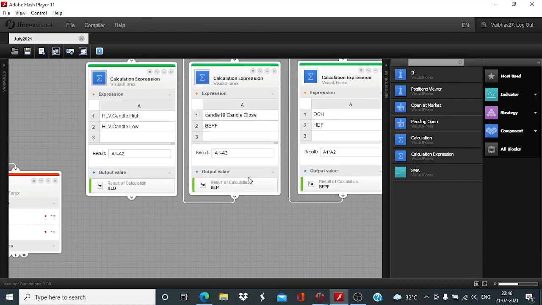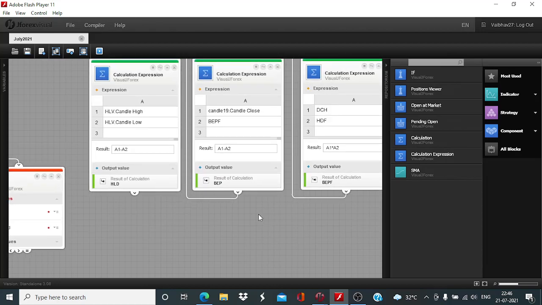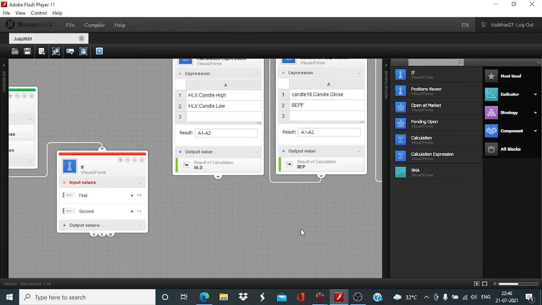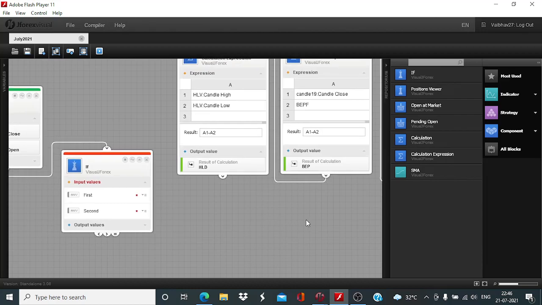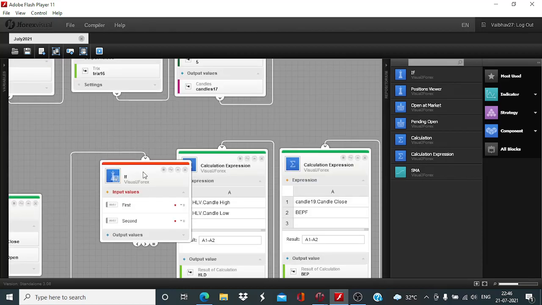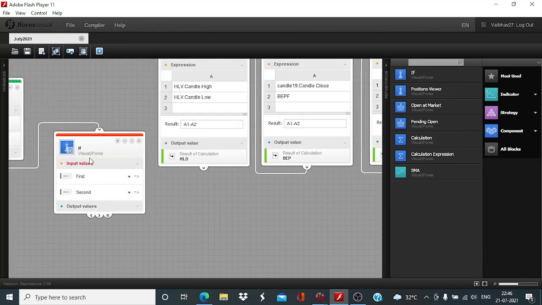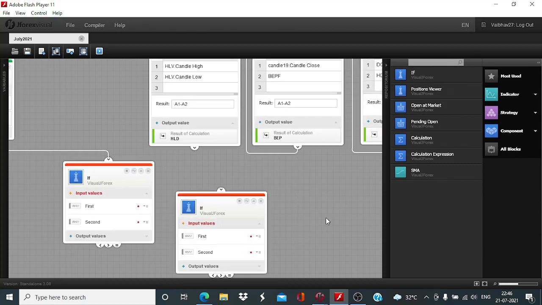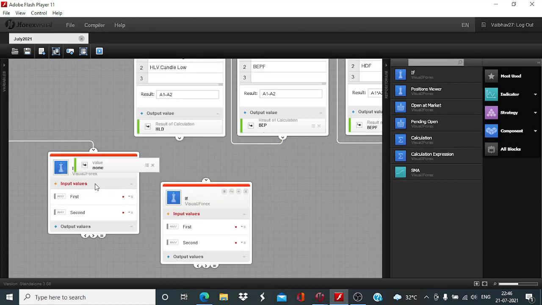Candle 19 candle close minus the difference, and whenever that correction happens, and after that correction the price starts to rise again, we will be going for the execution. So we have to compare this level BEP with the closing values of the last two 10-second candles. This is going to be our common second input.